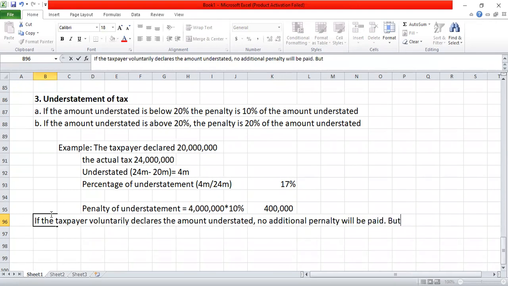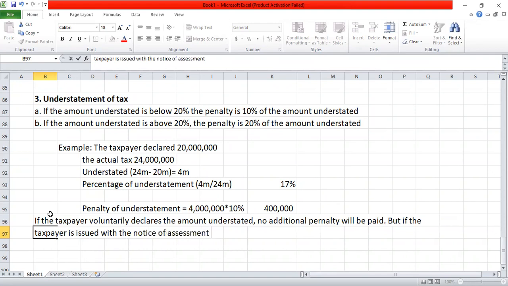But if the taxpayer is issued with the notice of assessment, the following penalty will be charged.